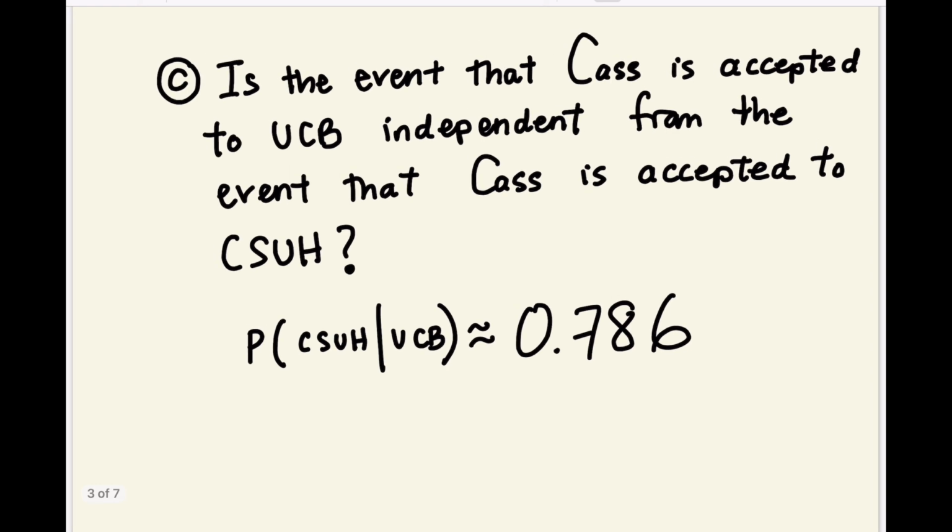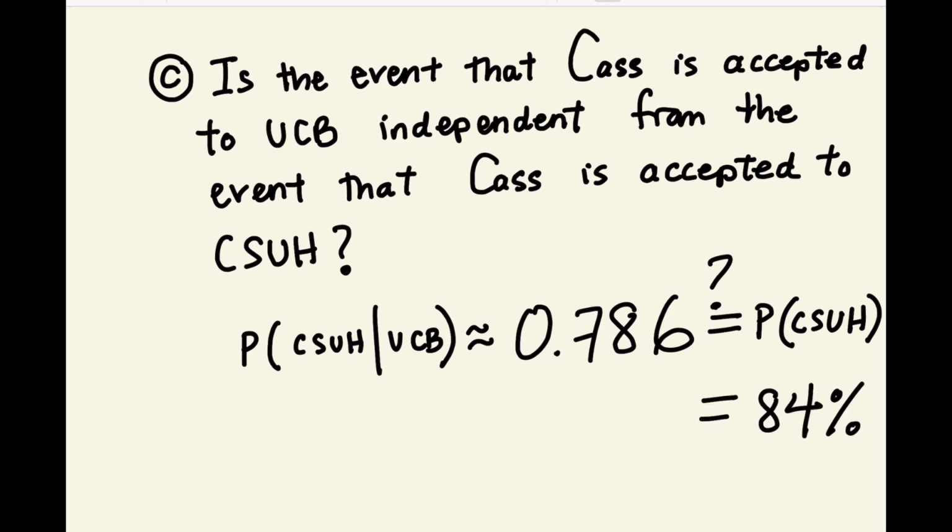And one test is we can ask ourselves, is this probability the same as the probability that Cass is accepted to Cal State University Hayward? And this probability was given as 84%. And since this probability is not equal to this probability, we know that these events are not independent.